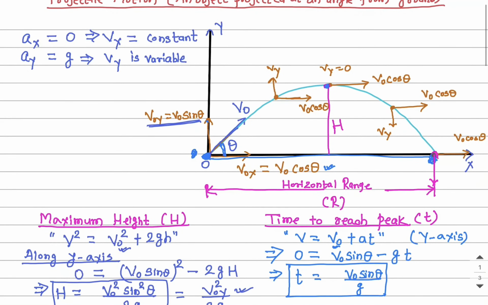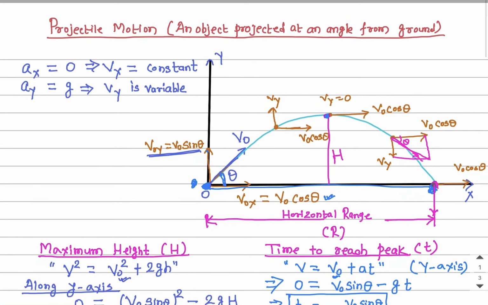So now let's see, you have to calculate what is the angle. At this point, the direction of the projectile is along this way. And you can also calculate this angle here. Let me call this angle alpha because we already have denoted the other angle theta.